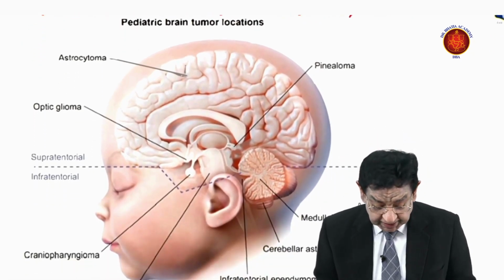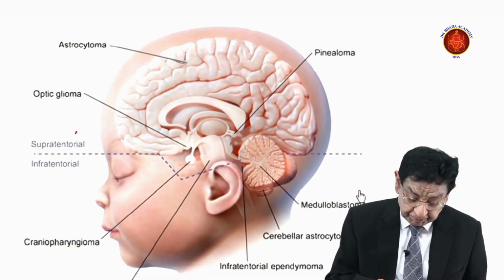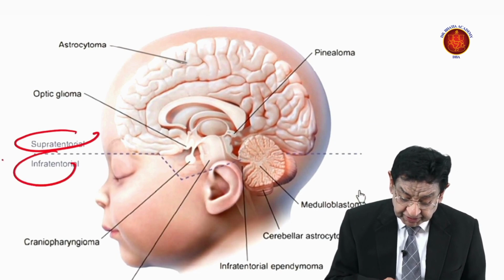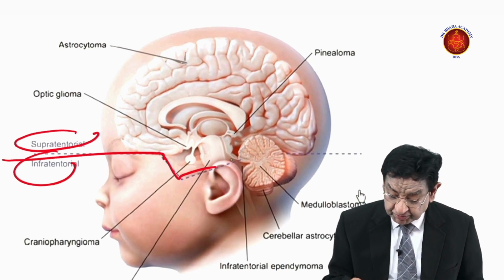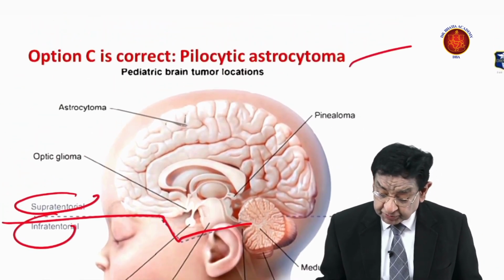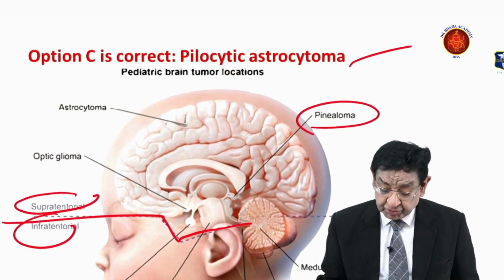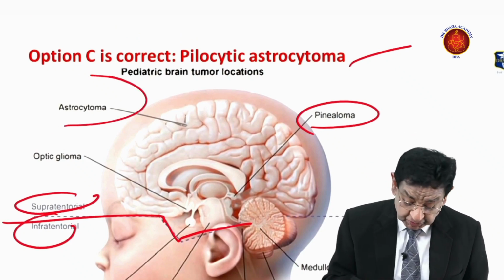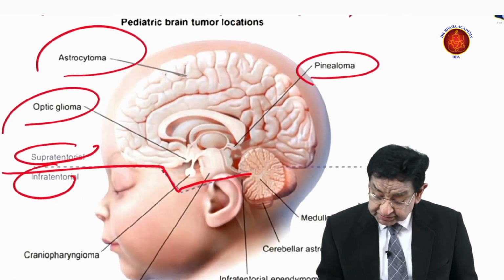We broadly classify them into supratentorial or infratentorial. This is the boundary line that you can see. So when we talk about supratentorial, we are talking about tumors of the pineal gland, astrocytoma, optic gliomas.